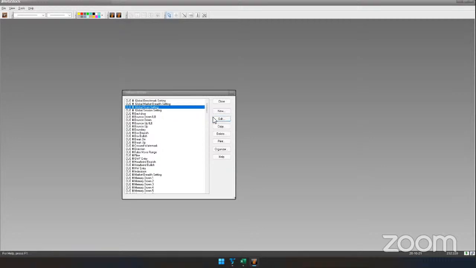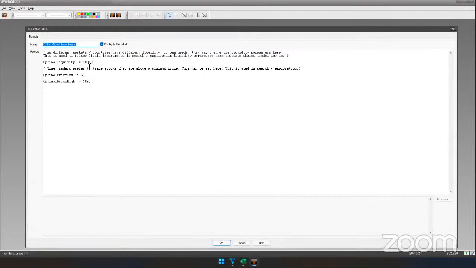If you edit, these are the parameters, very straightforward. Optimal liquidity. What is your optimal liquidity requirement? Currently, it is set to 500,000 shares traded per day. And also the optimal price range.